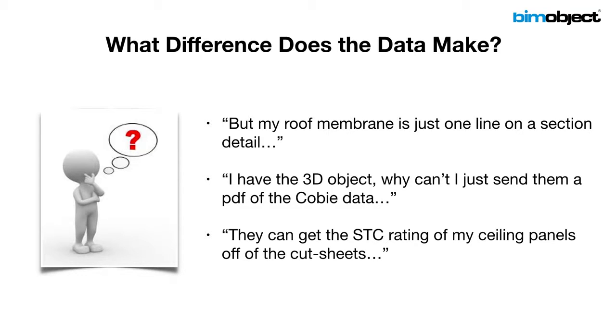So what really matters here is not just a 3D object. I have the 3D object. Why can't I just send them a PDF of the data? Or they can get the STC rating on my panels right off the cut sheets. You're right, they can, but they're not doing it anymore, and that's leaving building product manufacturers out of the game that don't have this as consumable digital properties. That's very important to so much of the simulation, virtualization, and engineering that's being done today.